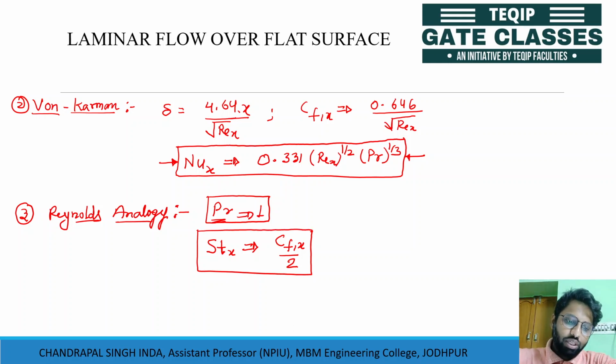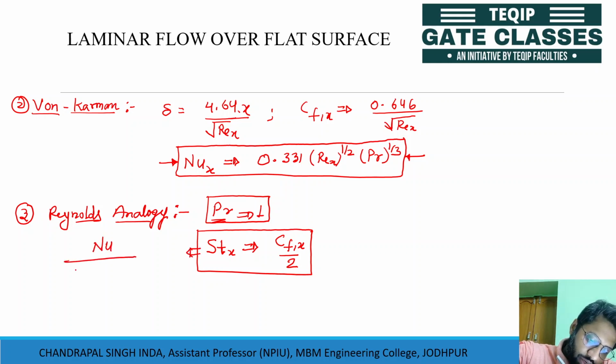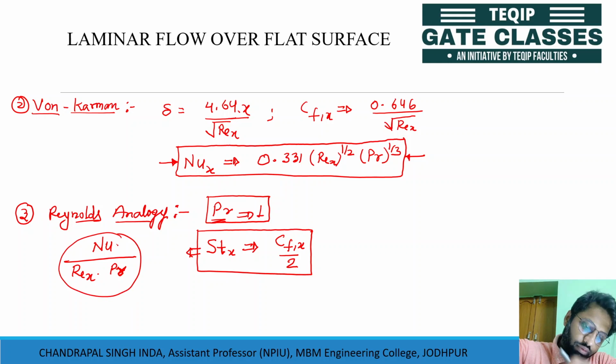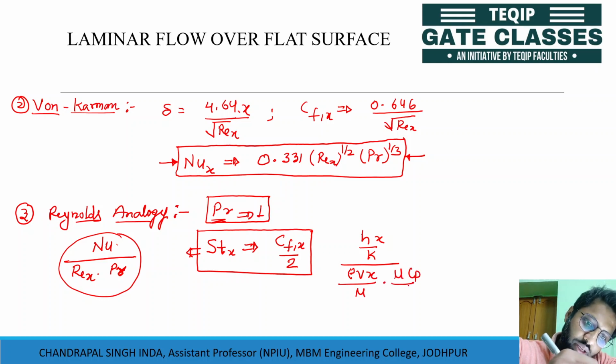So the Stanton number is equal to the ratio of Nusselt number upon Reynolds number and Prandtl number. By solving this we have hx by k, divided by rho v x by mu and mu cp by k.